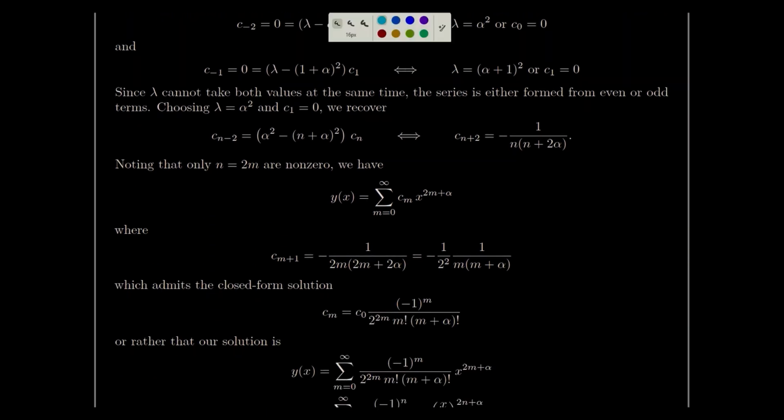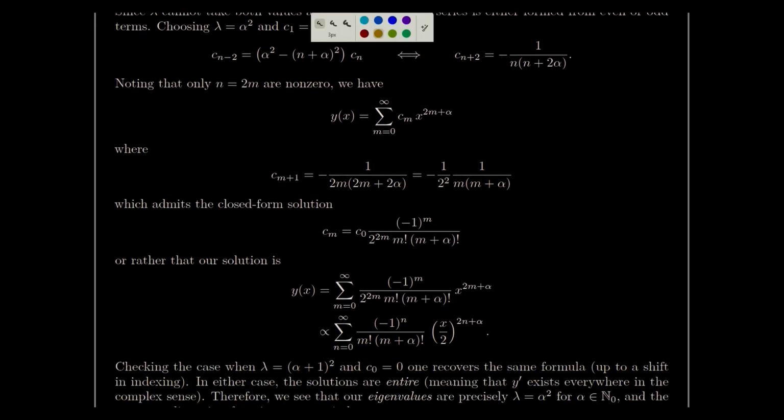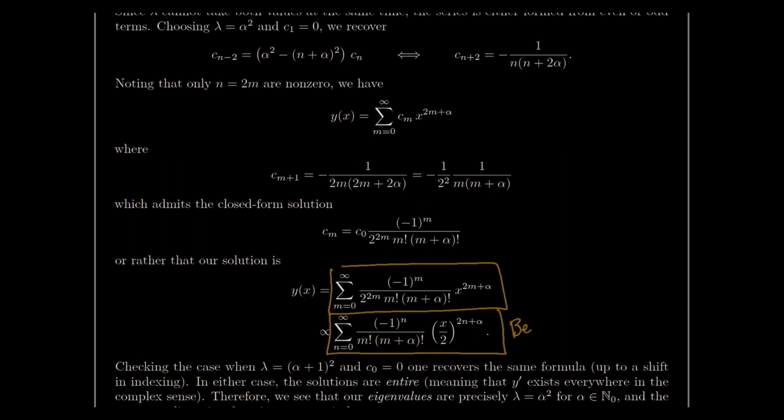And when you calculate all of these terms out, what you see is that c_m, specifically for n being the evens, 2m, is equal to your initial condition times (-1)^m over 2^(2m) m! (m+alpha)!. So I'm just writing out the recursion relationship and actually solving out for what it should be, which means if I plug that in to my power series, where keep in mind n was 2m because I'm only working with even powers, I end up with the power series given here, which is exactly the Bessel function power series.